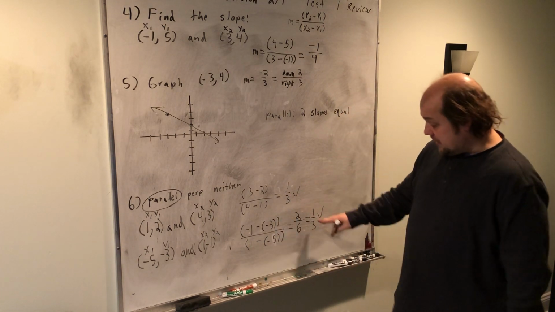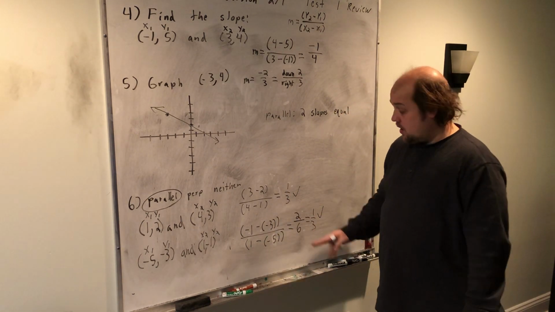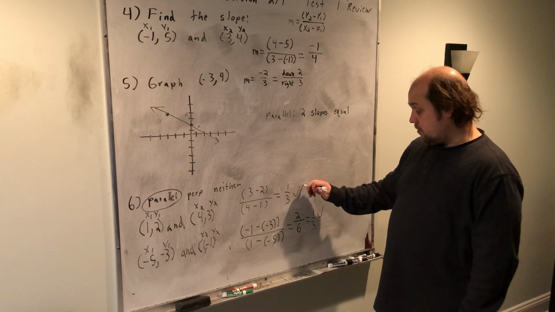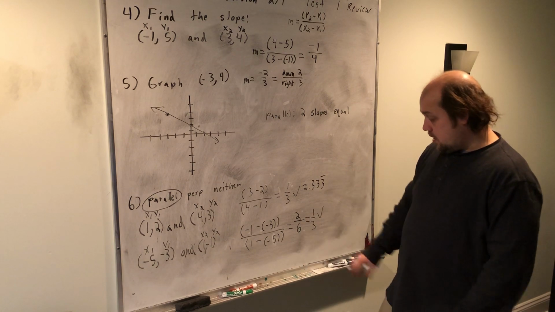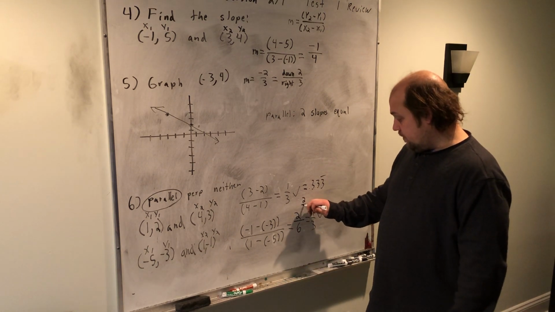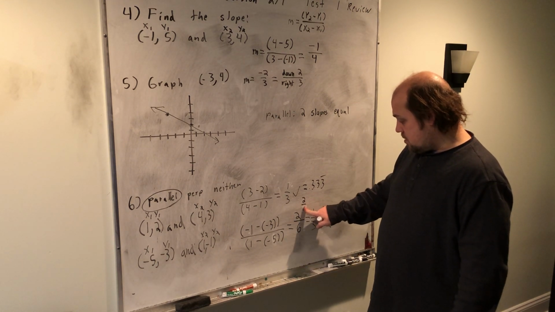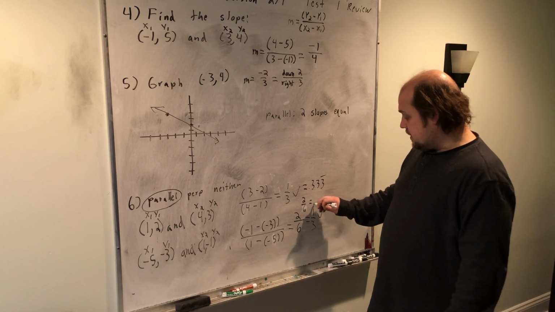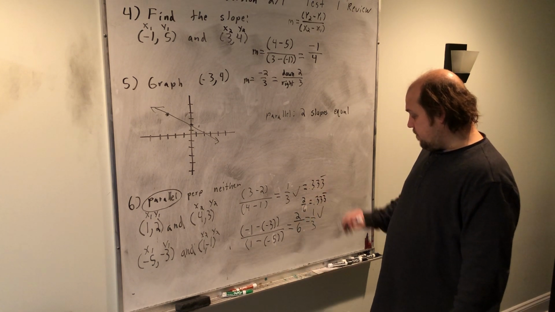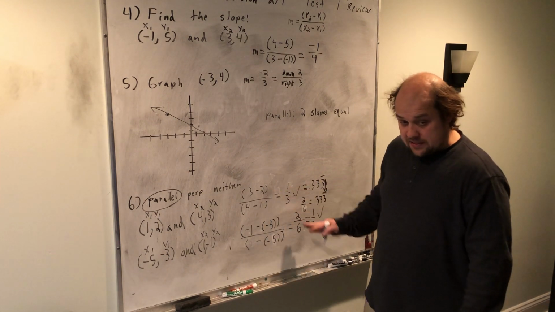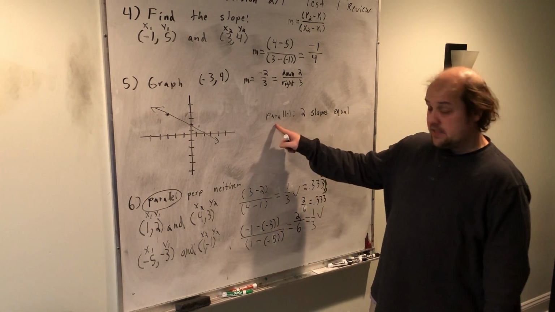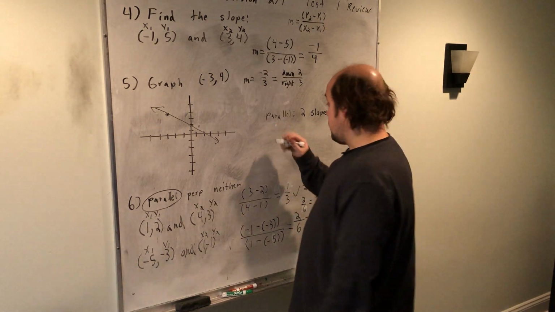So these have to be exactly mathematically equal. If I put into my calculator 1 divided by 3, this equals 0.333 repeating. If I put into my calculator 2 divided by 6, this equals 0.333 repeating. These are mathematically identical. So if they're the same, that's when we say that they have parallel slopes.